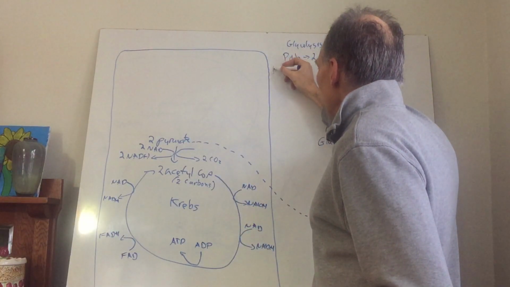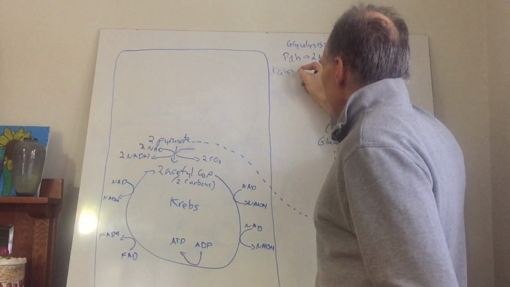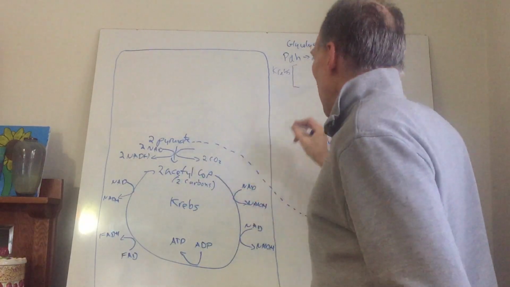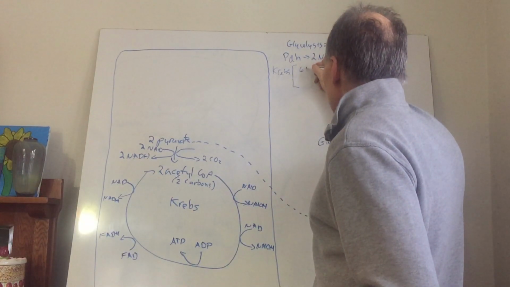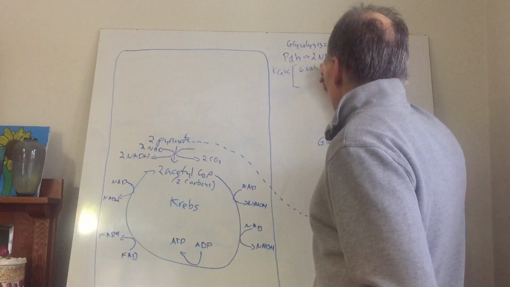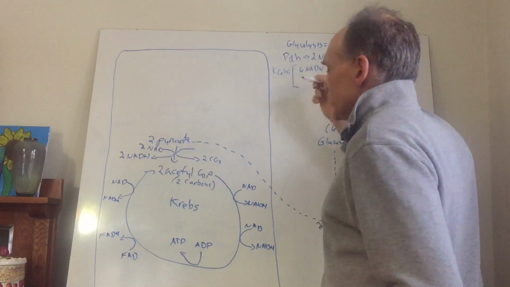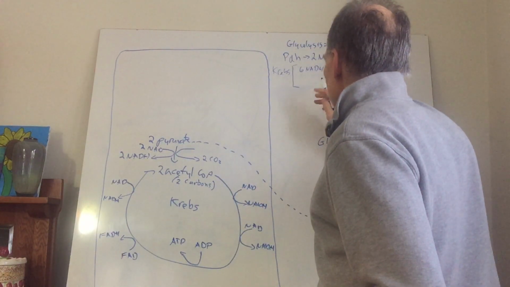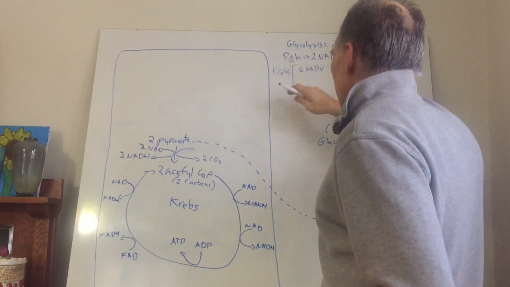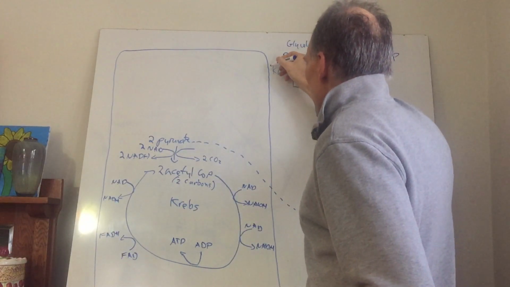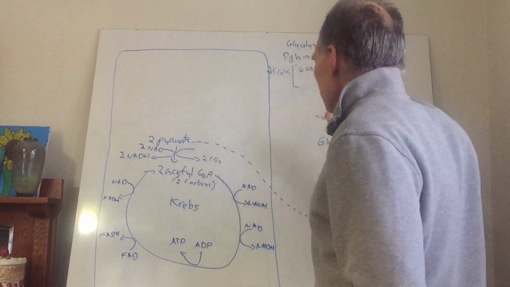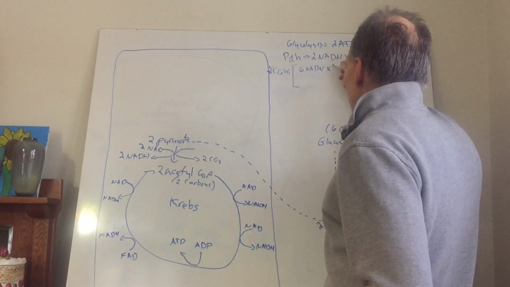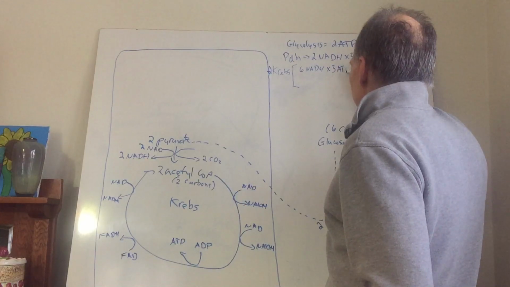So up here I'm going to say Krebs, you get 6 NADH, from 2 rounds of the Krebs cycle. When they go to the electron transport chain, you get 3 ATPs each.